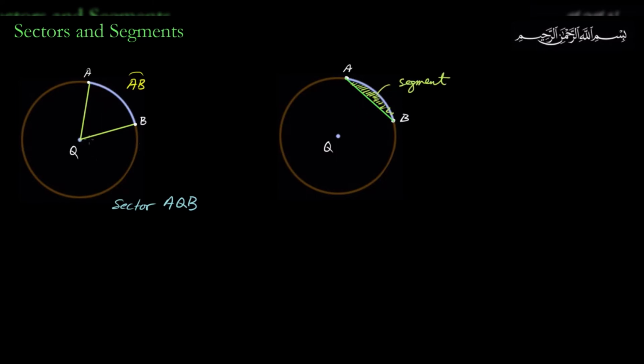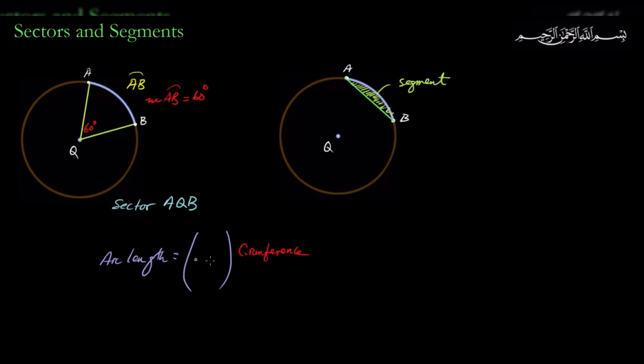So if you recall from before, the central angle determines the measure of an arc. So here you can say the measure of arc AB is 60 degrees like this. And I had also suggested before that the length of the arc, or arc length, is calculated by taking a fraction of the circumference of the circle.